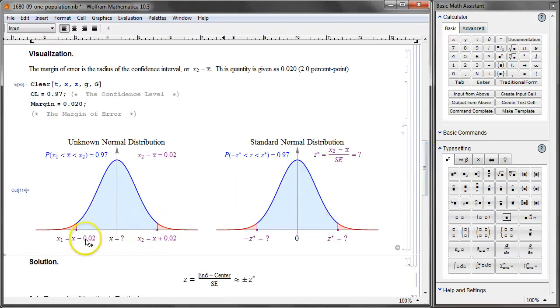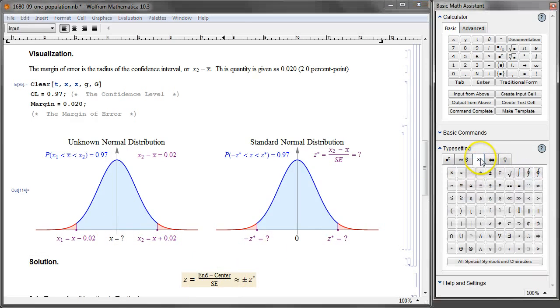We don't know this x-bar value or observed proportion, but we do want a margin of error of 0.02 this way and 0.02 the other way, one to the right and one to the left. Now, if we take this end, x-bar minus center will be positive 0.02. If we take this end, the left-hand side, x-bar minus center will be negative 0.02.